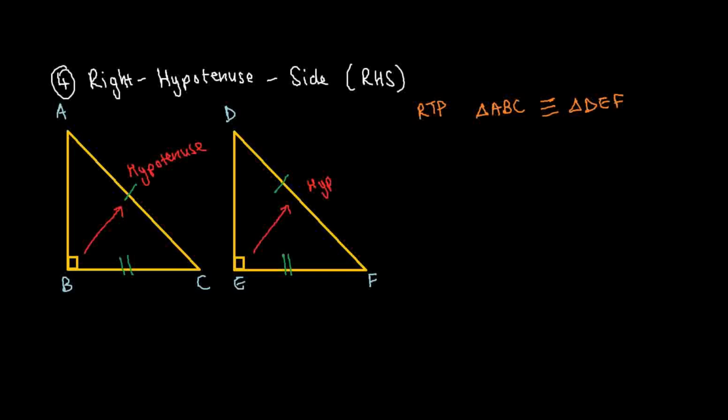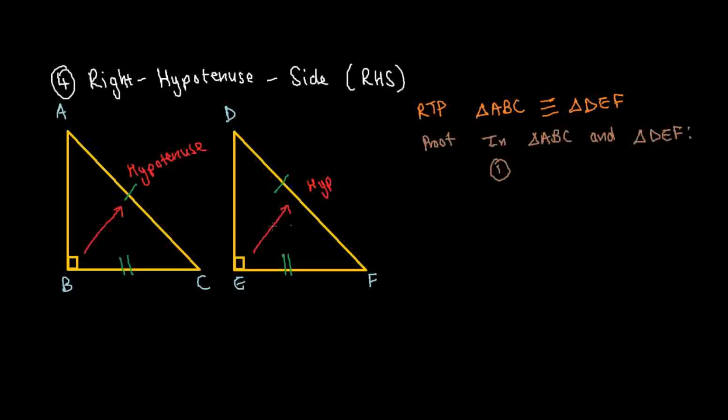And let's write out our proof as such. So the proof is that in triangle ABC and triangle DEF, I notice the following.